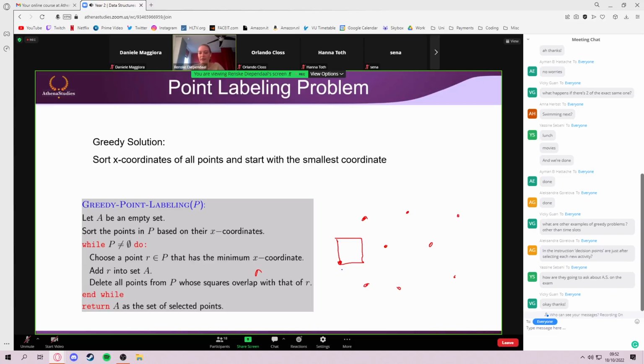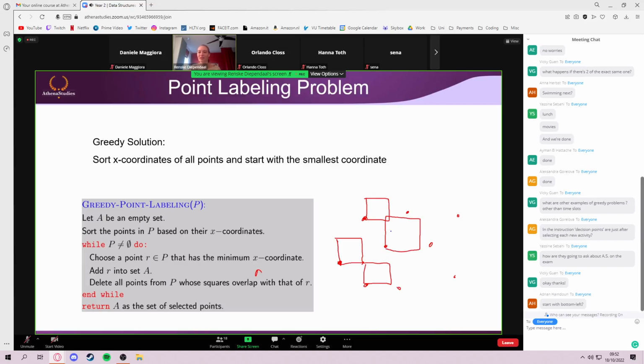Then anything that would overlap with this is removed from the possible points that you want to use. And then you move on to the next one on the left. For example, this one would overlap, so this is not a good point. We skip this point and move on to the next left one.